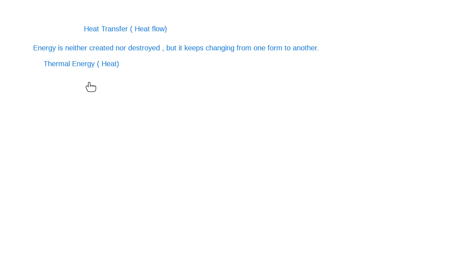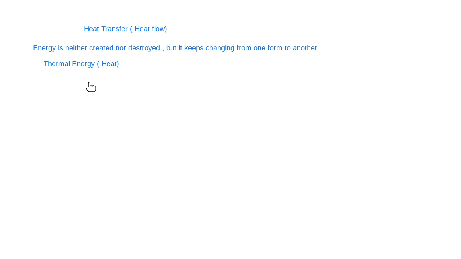We have heat flow between two or more mediums. And whenever we say medium, it could be solid to solid, solid to liquid, solid to gas, liquid to liquid, liquid to solid, liquid to gas, or gas to gas, gas to liquid, gas to solid. So heat could flow from one medium to another.